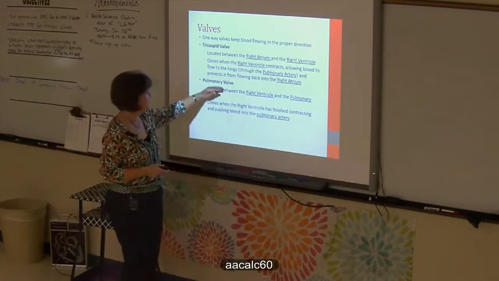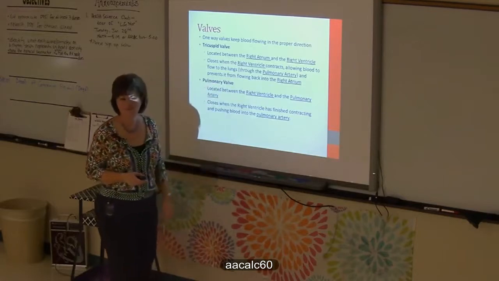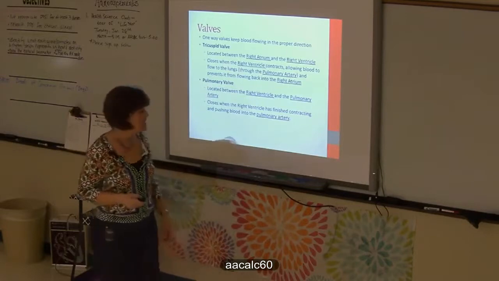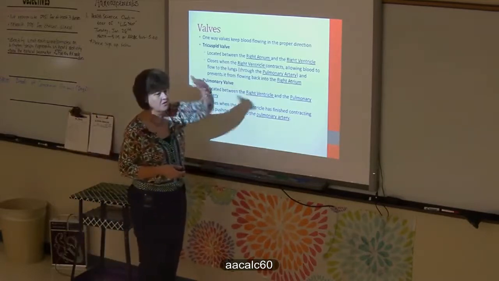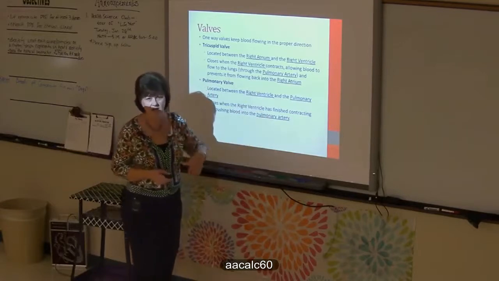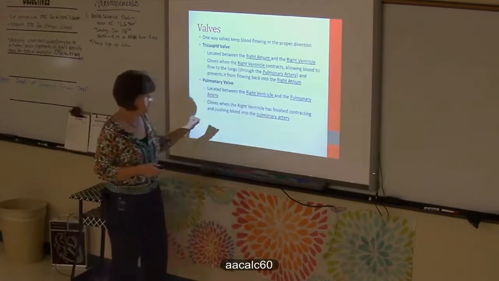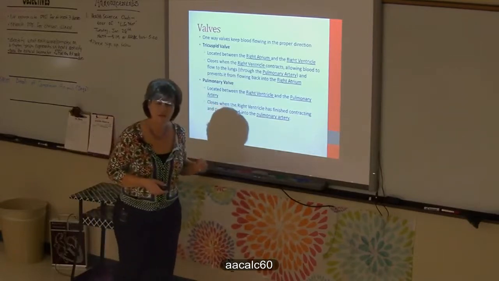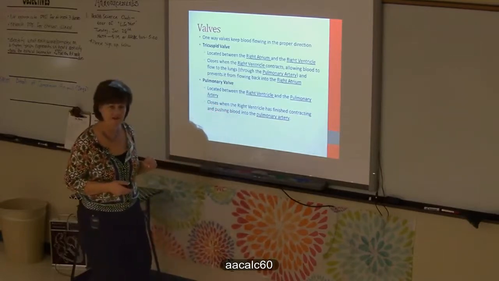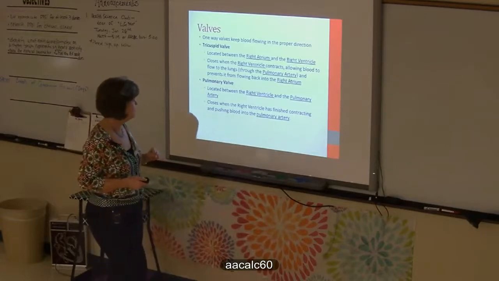Anytime you see this word, it means it has something to do with the lungs. So the pulmonary valve is between the right ventricle and the pulmonary artery, or when that blood is heading out to the lungs. It closes when that ventricle contracts to allow that blood not to backflow in there as it's sending it to the lungs.